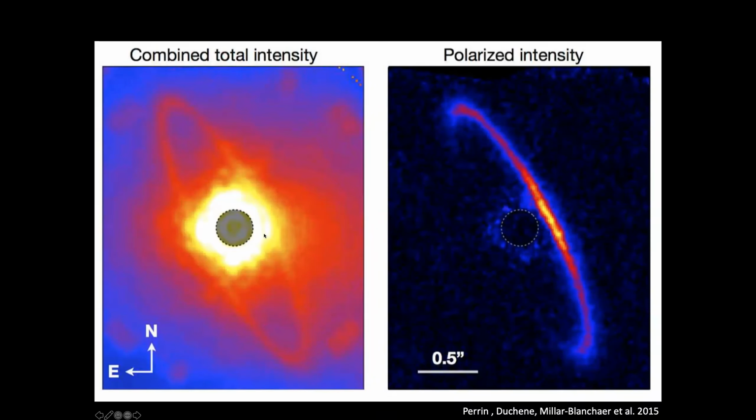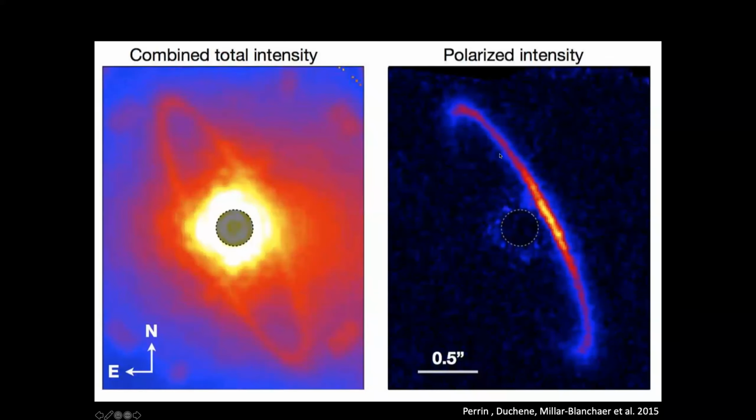So here I'm showing you an image of the debris disk HR 4796A as seen with the Gemini Planet Imager. And here you can see if we look at total intensity, this is what we're always measuring with our detectors. You can see a hint of the ring in the background there, but it's covered in all this gunk, and this is residual stellar speckles that have been left uncorrected by the adaptive optics and coronagraph system.